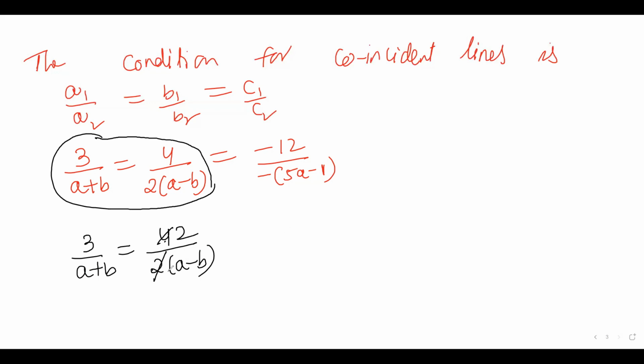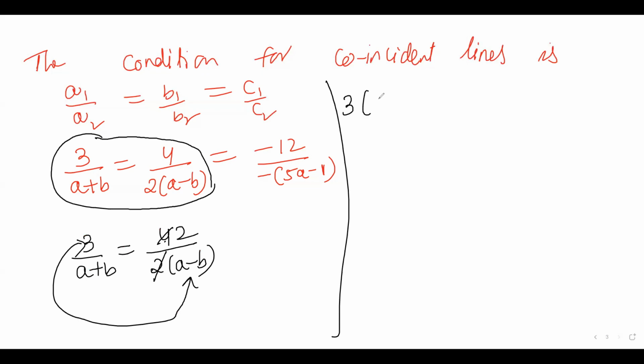Now cross multiply. These two will get multiplied: 3 into a minus b. These two will get multiplied: 2 into a plus b.